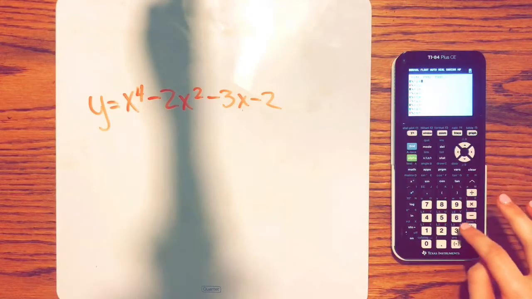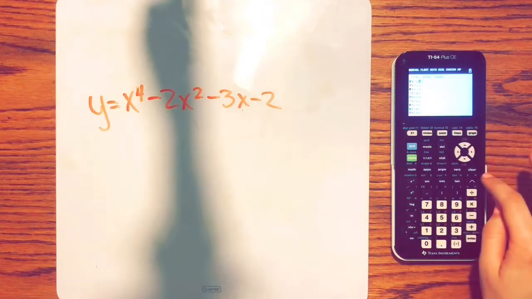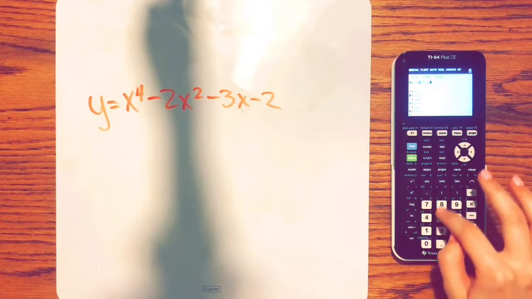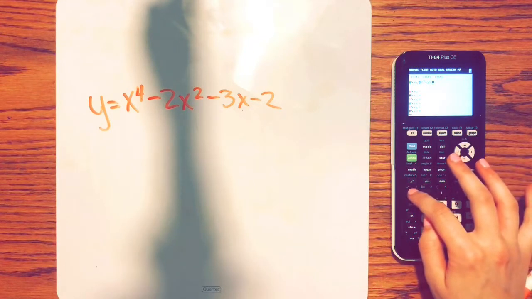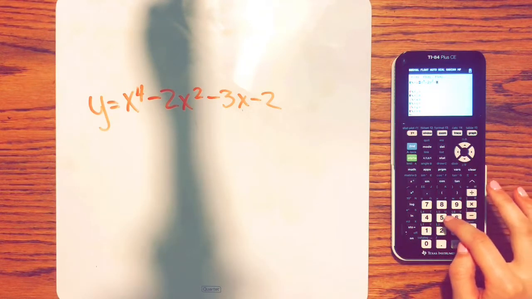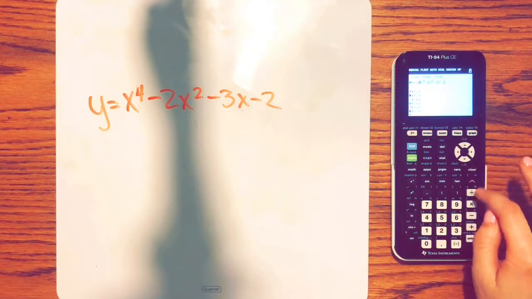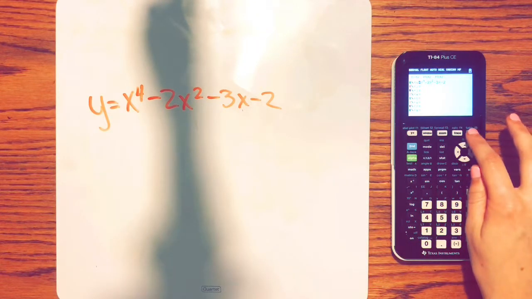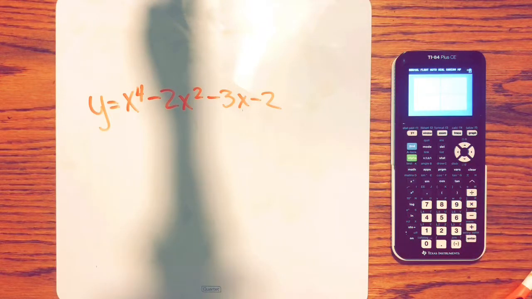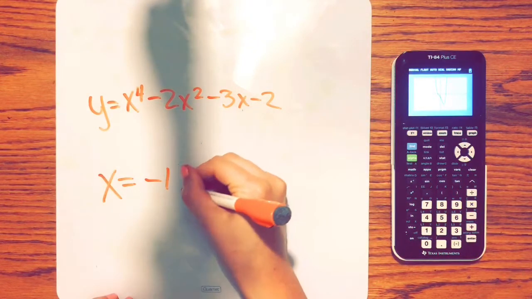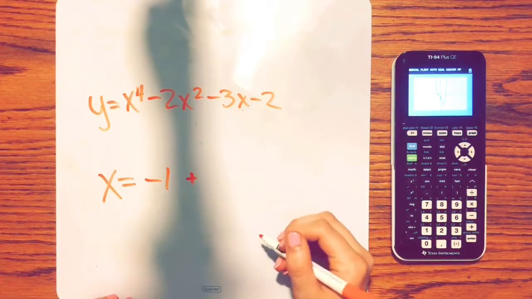You will put this into the y equals function on your calculator. After you have entered it, hit the graph button and it will show you the graph of this equation. The goal on this equation is to find any x-intercepts. There are two x-intercepts in this equation, one being -1 and the other being 2.